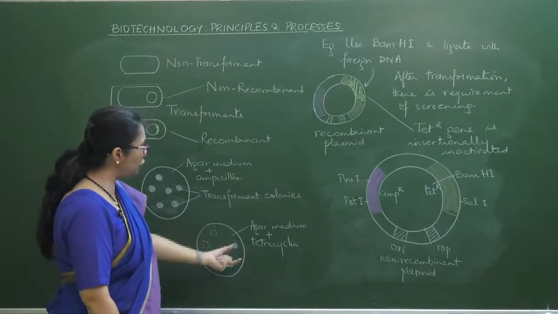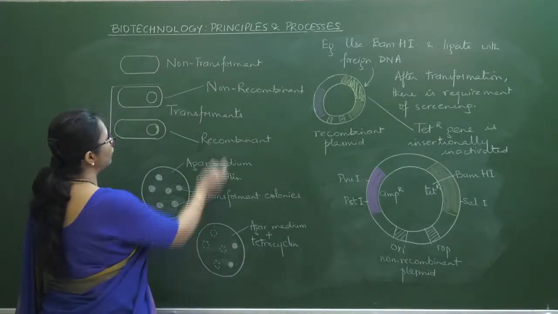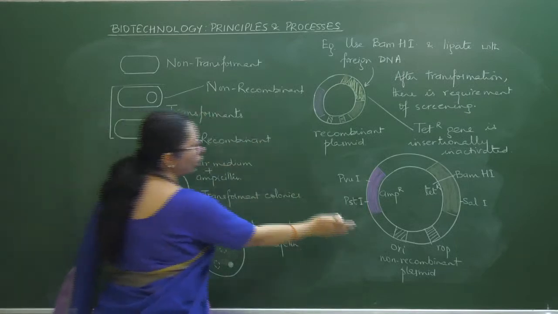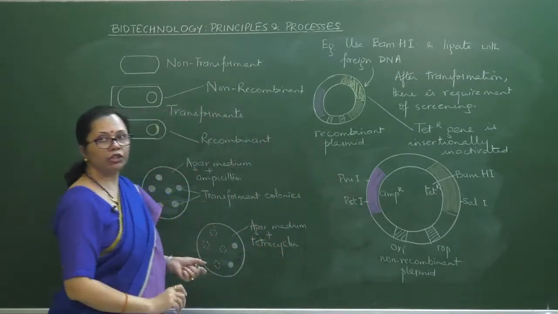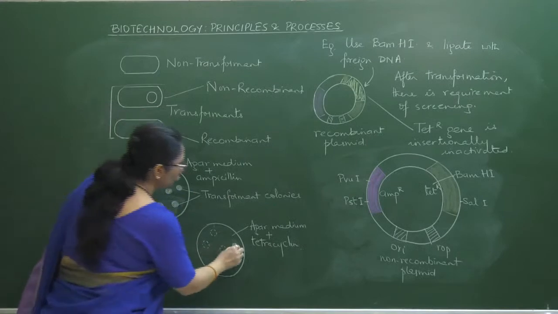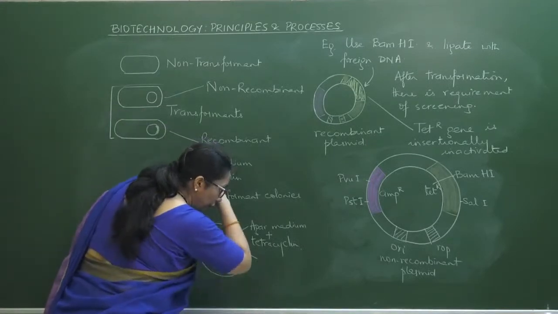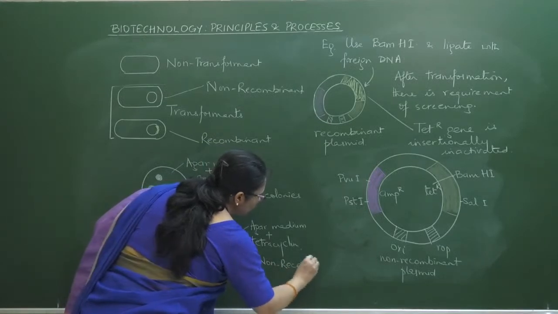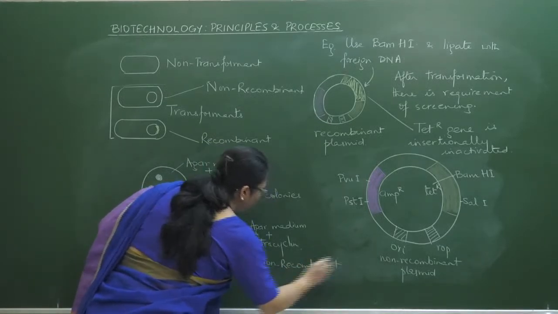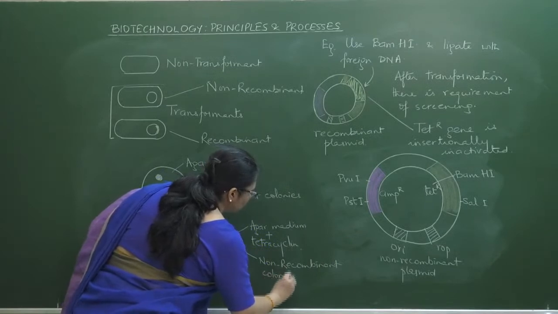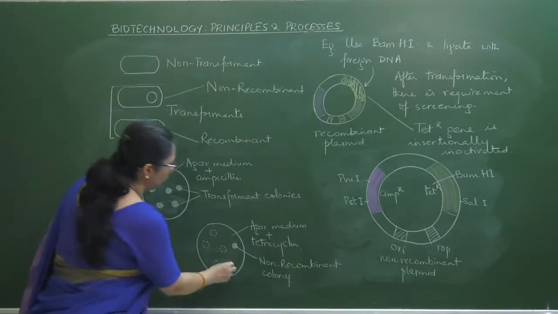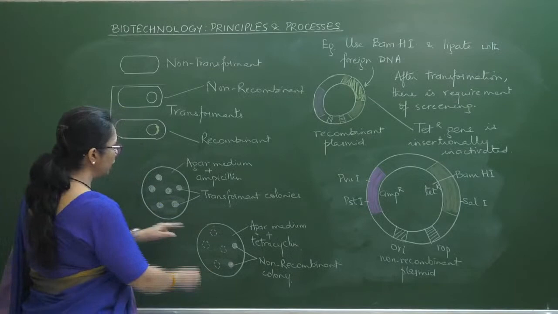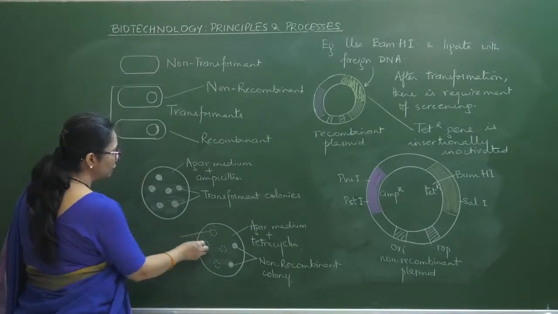So the colonies which will develop, those will be whom? The non-recombinants, because in non-recombinants the tetracycline gene is intact. So these are non-recombinant colonies. This is a non-recombinant colony. And these empty spaces should have been what?